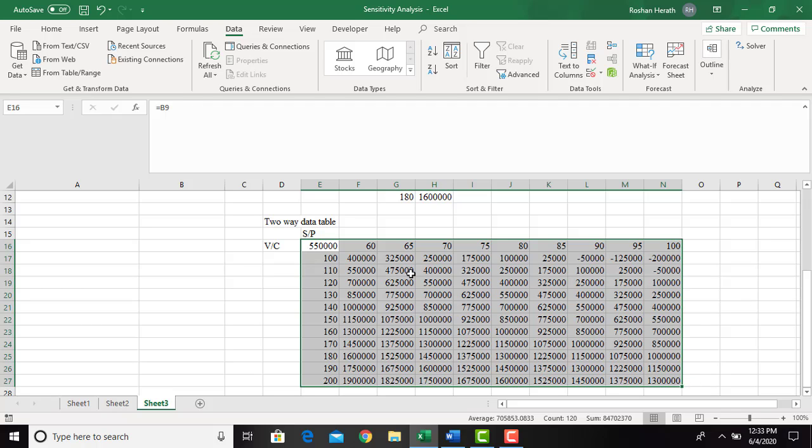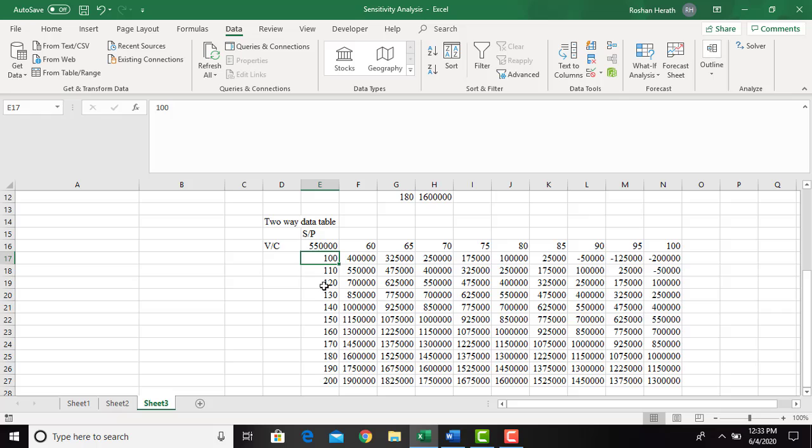ඔන්න අපි එතකොට මේවා කියවන්නේ කොහොමද? sales price එක 100ක් වෙලා variable cost එක 60ක් වුණොත් profit එක ලක්ෂ 4ක්. sales price එක 150ක් වෙලා variable cost එක 75ක් වුණොත් profit එක 9,25,000. මේ වගේ different combinations වලට අදාළව අපිට පුළුවන් දකින්න මොකක්ද profit එක කියන්නේ කියලා. එතකොට selling price එක 200ක් වෙලා variable cost එක 100ක් වුණොත් මෙන්න තියෙන price.